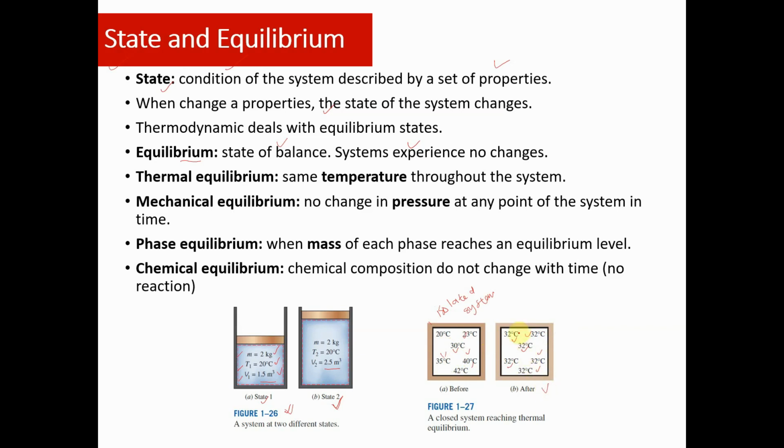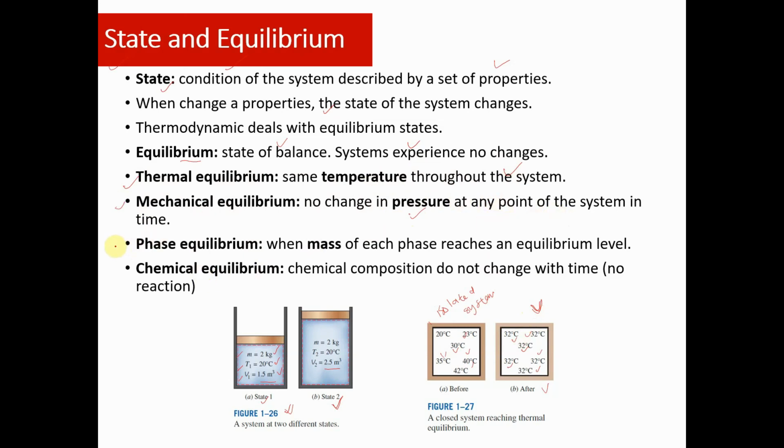This equilibrium system has different types. It can be thermal equilibrium, where the temperature, for example, is the same throughout the whole system. It can be mechanical equilibrium, such as the pressure, with no change in pressure at any point of the system over time.